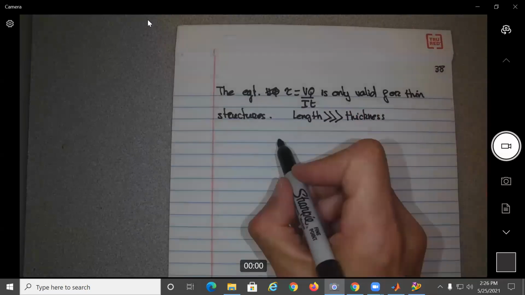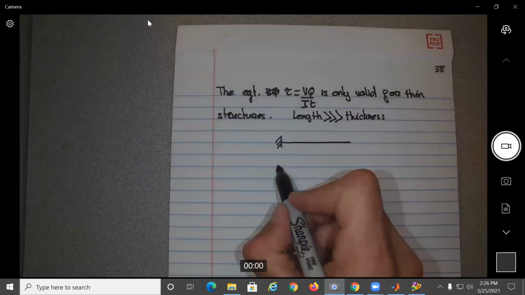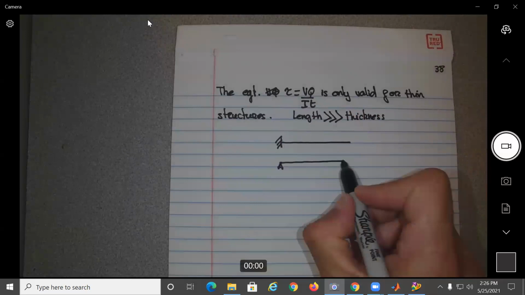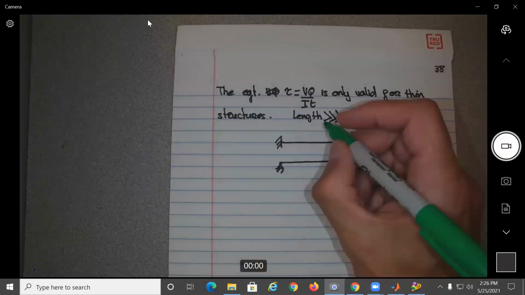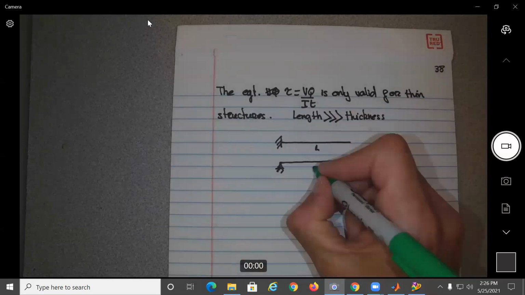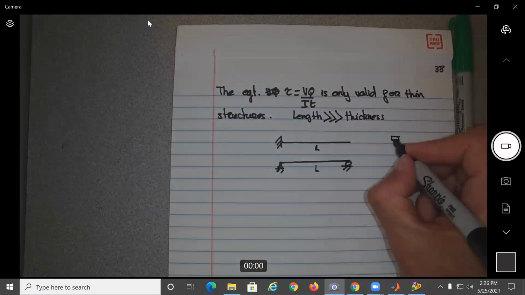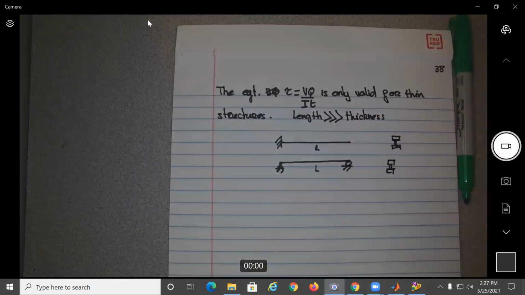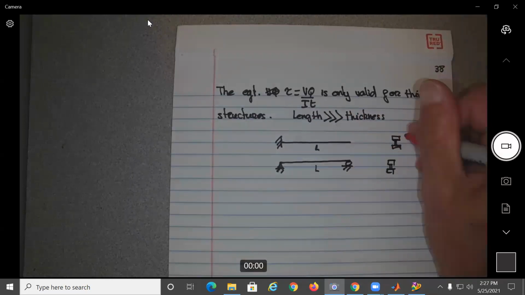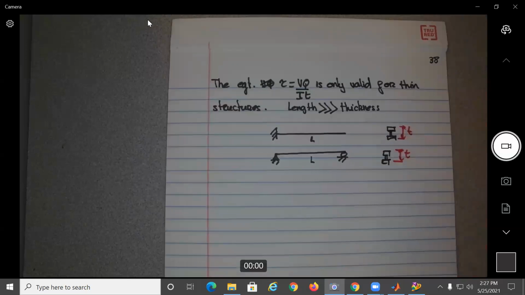So what I'm trying to say is that if you have a beam, it doesn't matter what the boundary condition is, the length here is kind of always much larger than the depth or the thickness of the cross section.